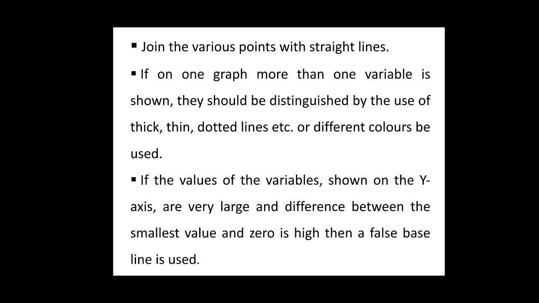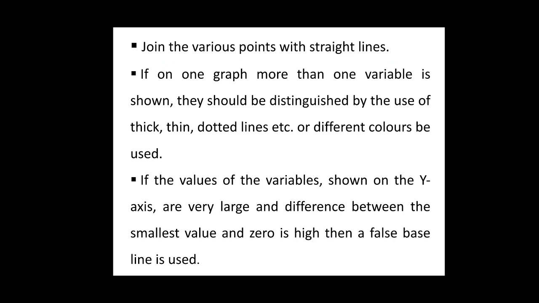In false baseline, the scale from 0, that is the point of origin, to the smallest value of the variable is omitted. This line is used to break the continuity of the y-axis with the origin, because if we maintain the continuity of the value from the origin, then a sufficient portion of the graph would go waste.